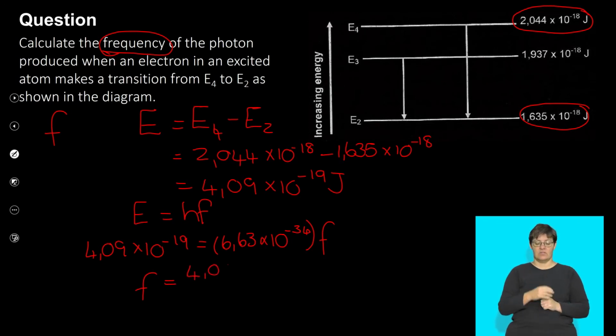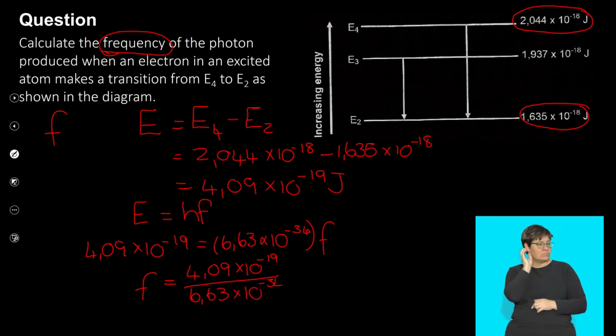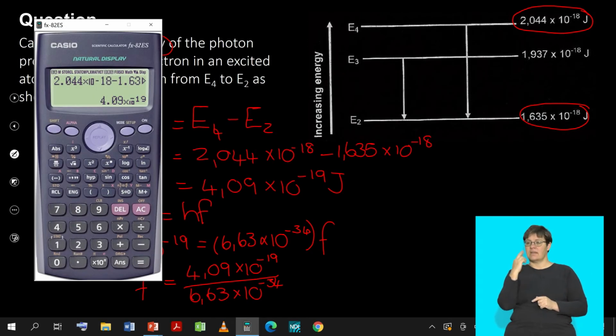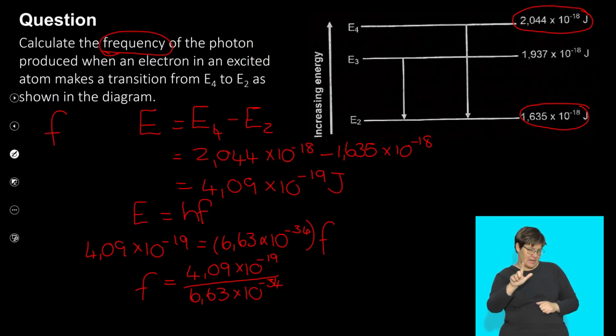So it's 4.09 times 10 to the minus 19 divided by 6.63 times 10 to the minus 34. Now, the nice thing is I still have that answer in my calculator, so I'm going to use that. Divided by 6.63 to the minus 34, and it's 6.17.